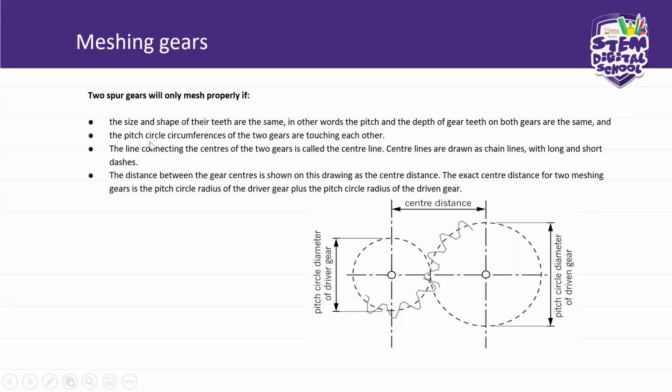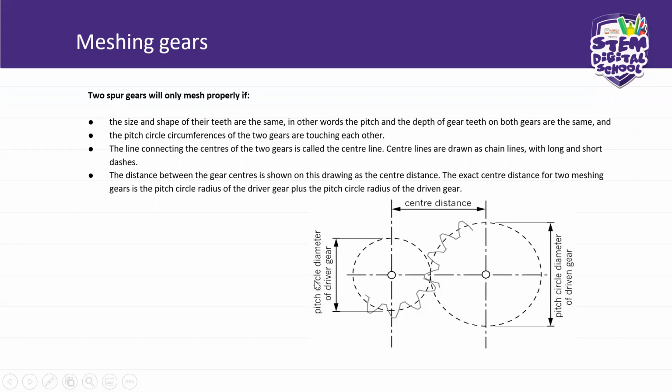And the pitch circle circumferences of the two gears are touching each other. So you look at this gear mesh. The teeth have to be the same. The line connecting the centers of the two gears is called the center line. Okay? This is connecting the two gears.